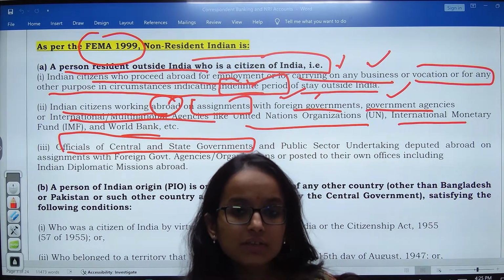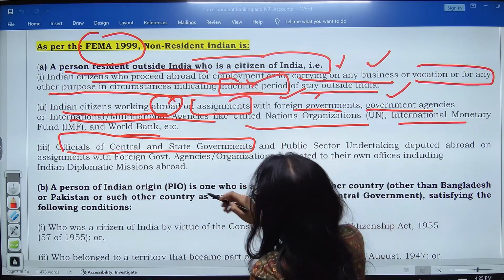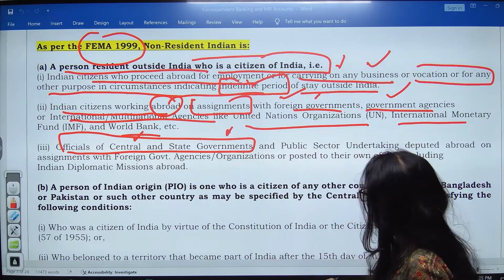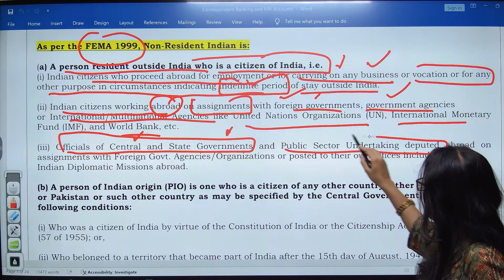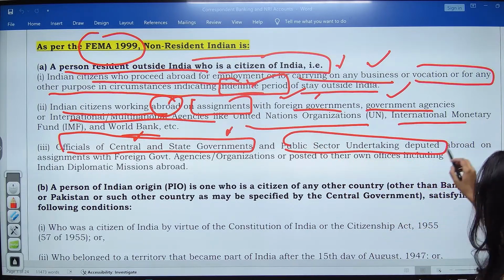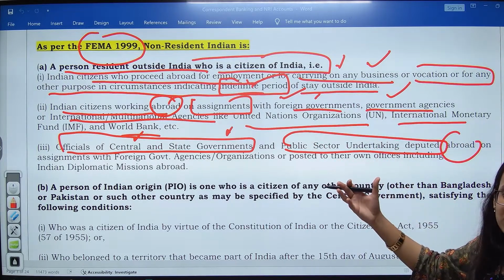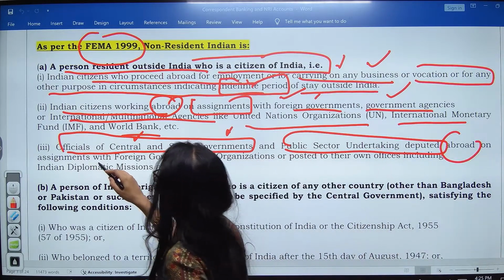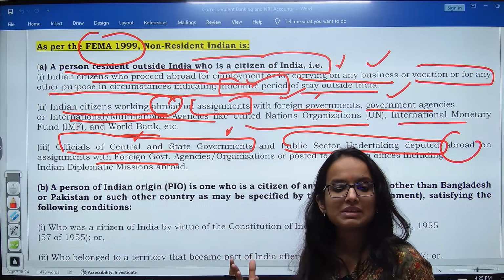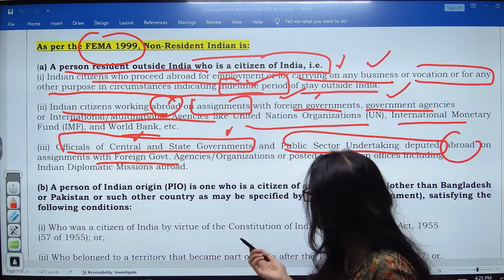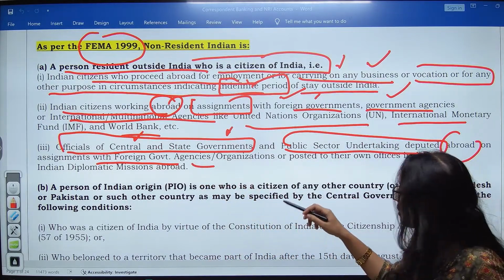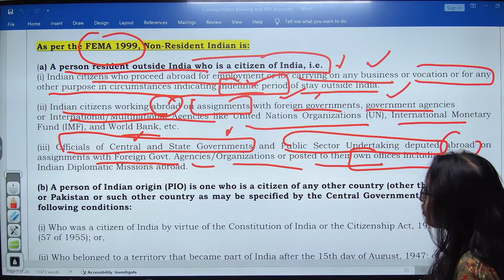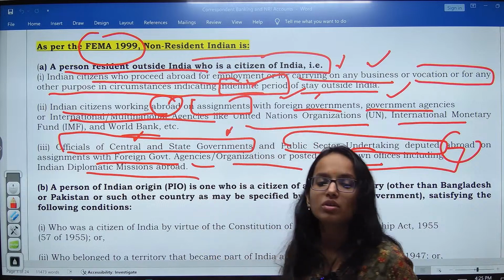So these officers of your central government as well as of your state governments, and public sector undertakings deputed, officers from your PSUs which have been sent on deputation abroad on assignments with foreign government to fulfill some assignment with any foreign government or any international agency or any organization, or posted to their own offices including Indian diplomatic missions abroad.